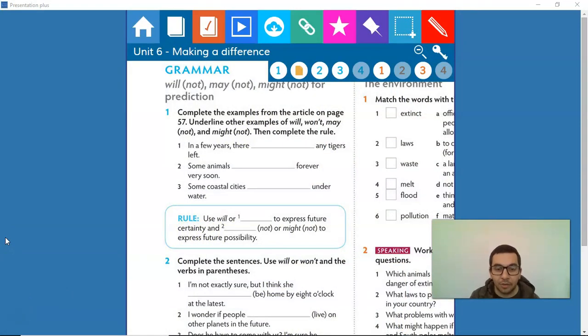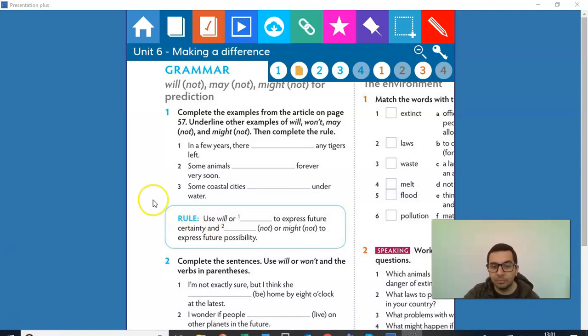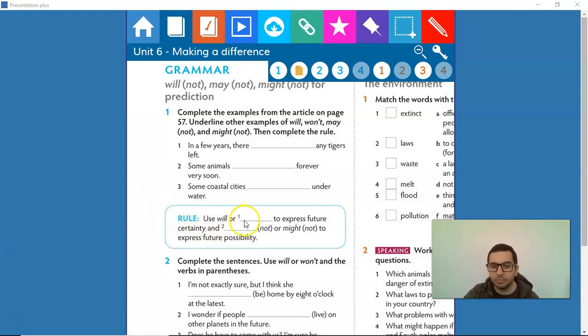Alright, guys. Now that we have understood the sentence, we're going to complete the rule together. So, we use will, or, in the negative, won't, or will not, to express future certainty. Okay? And what did we use in activity 1? May.